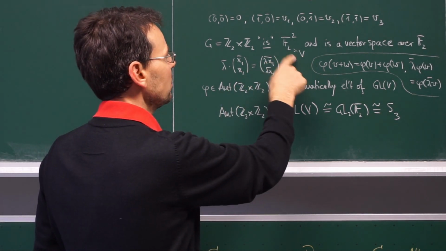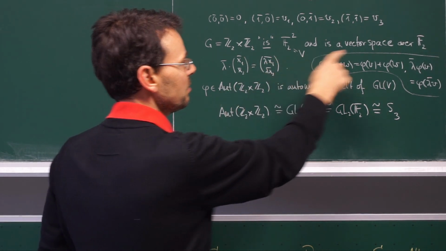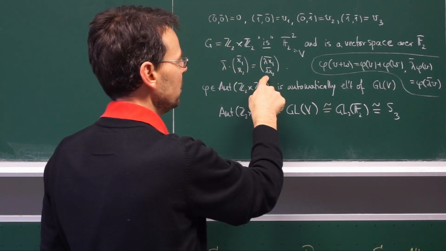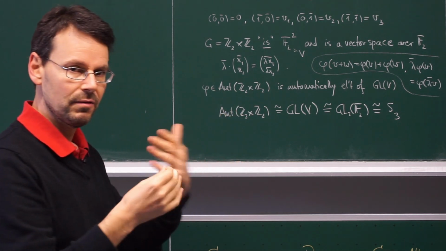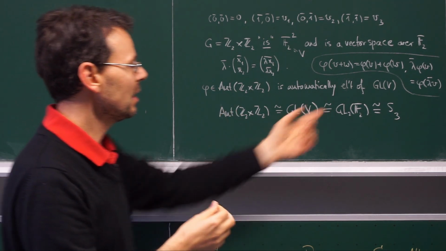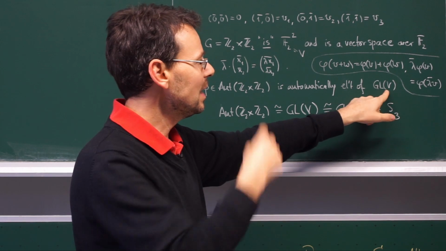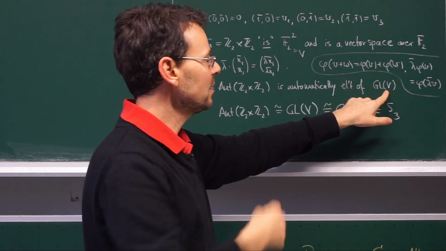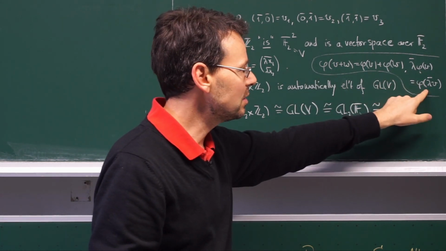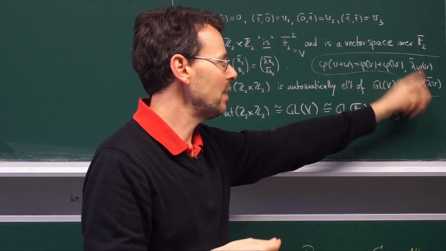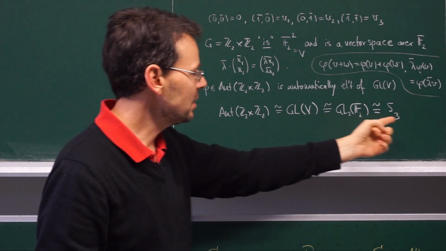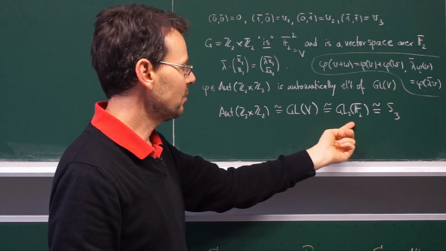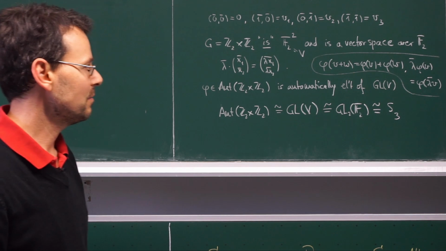That this group is automatically a vector space over F2 by this definition, and then that every automorphism, so bijective group homomorphism, is trivially a bijective linear map from this vector space to itself, because this here is trivially fulfilled for every map from V to V, because we only have two scalars, and then we simply use this result from linear algebra and exercise 5.